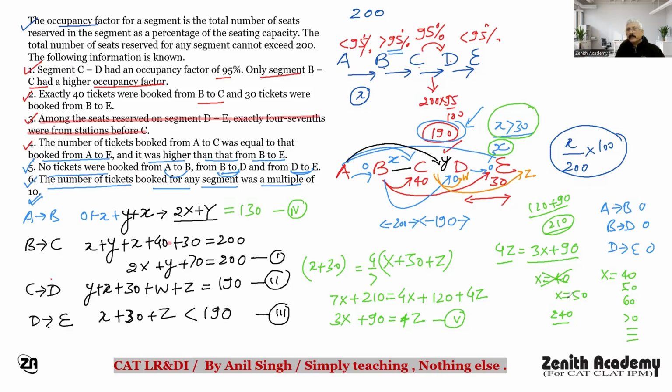It is possible. So means x 50 ले सकते हैं आप, 40 नहीं होगा। अच्छा, if you take x is equal to 50, so 4z is equal to 240, it means z is equal to 60, right?